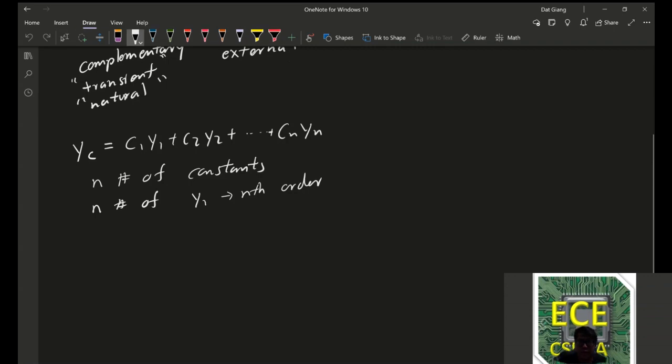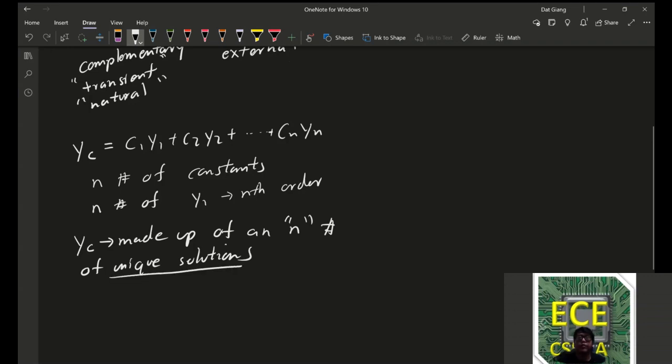So just to reiterate, this is made up of n unique solutions.